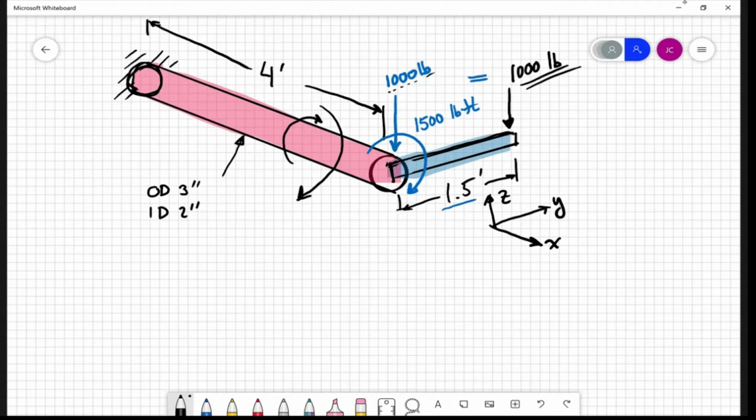So back here at this back plate, or really anywhere in this member, you're going to see stresses that arise both from bending due to this 1,000 pound force, Mc/I stresses, and also torsional shear stresses from the 1,500 foot-pound torque. Those are going to be, remember, Tc/J type of stresses, okay? So this is a classic combined loading problem.